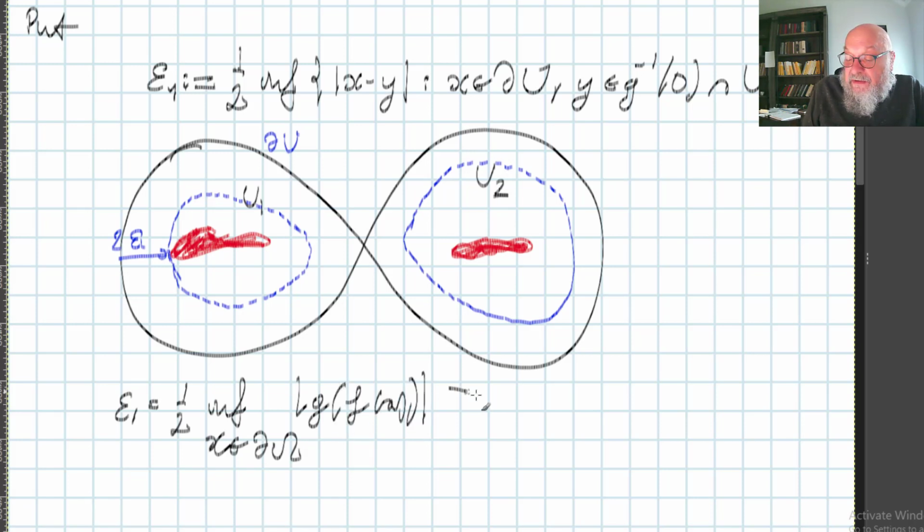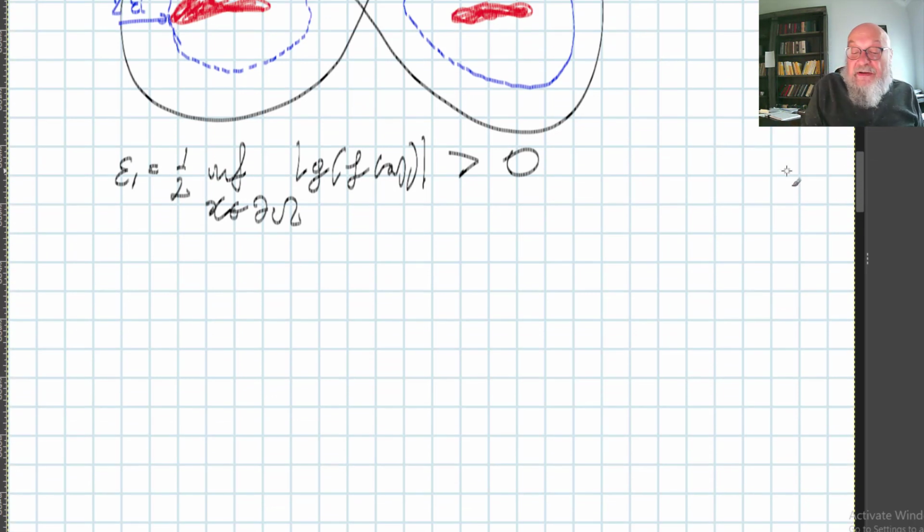And finally epsilon 3, again by definition, is 1/2 times the infimum, y belongs to the boundary, of g of y.